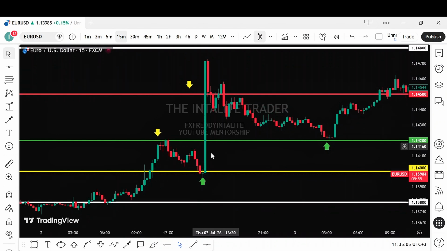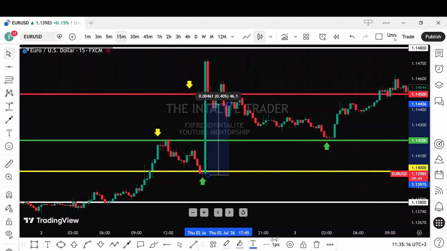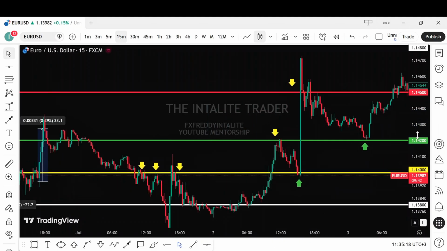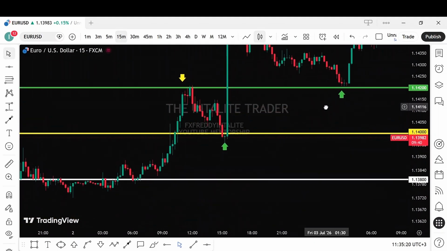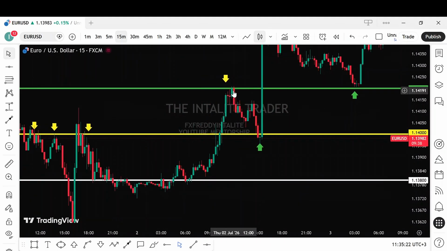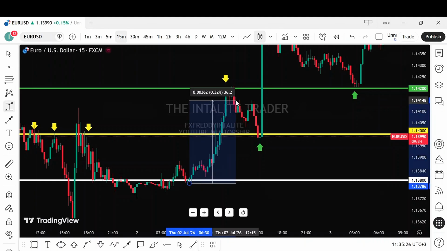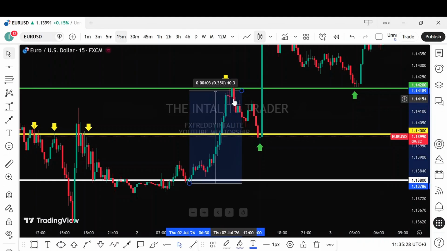For price to break and go, let's say, to this many pips, these are news. But if you do a lot of research, you will see price trends from this level to this other level. It rests here to here, 40 pips.